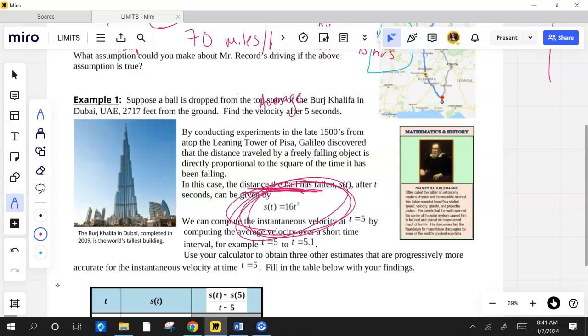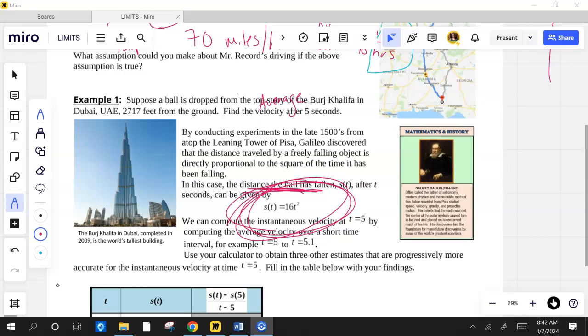Logan, read this sentence right here, starting with "in this case." How far has the ball fallen after 5 seconds? 16 times 5 squared. 400. A number. 400, right? Yep, definitely 400.